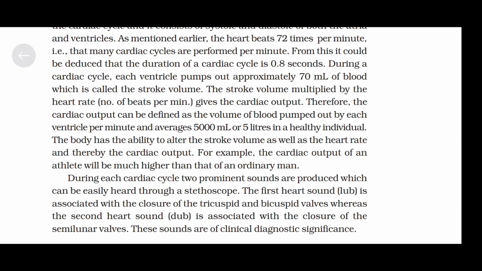The stroke volume multiplied by the heart rate, number of beats per minute, gives the cardiac output. Therefore, the cardiac output can be defined as the volume of blood pumped out by each ventricle per minute and averages 5000 ml or 5 liters in a healthy individual.